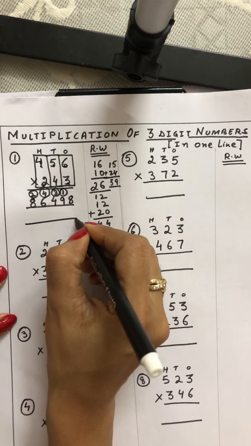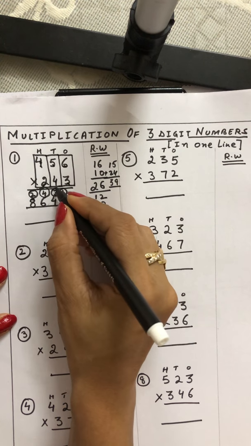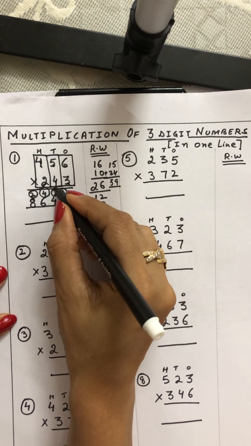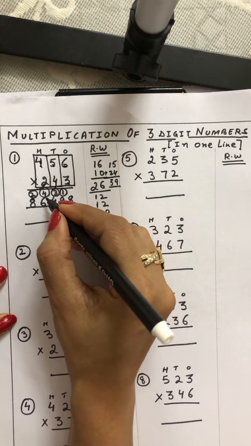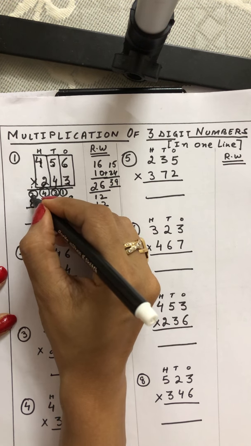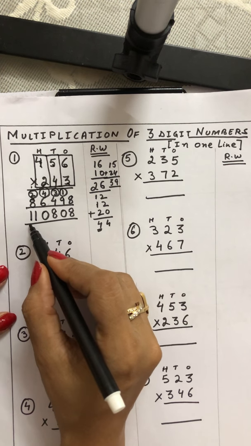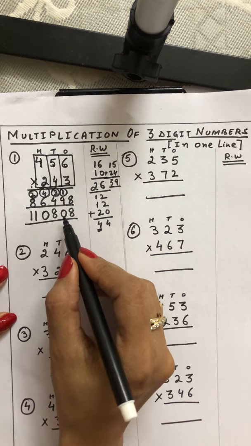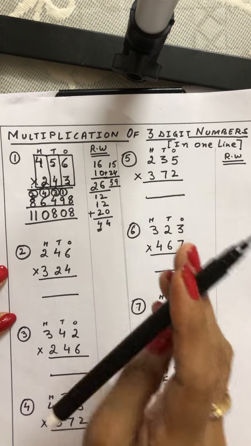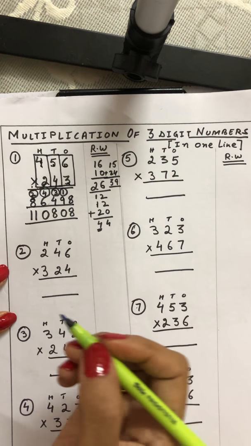So my final answer would be 8, 9 plus 1 10, 0 carried over 1, 3 plus 1 4 and 4 8, 6 plus 4 10, 0 carried over 1 here, 8 plus 2 10 and 1 11. So your final answer is 110808. Isn't it simple? So let's do another question.